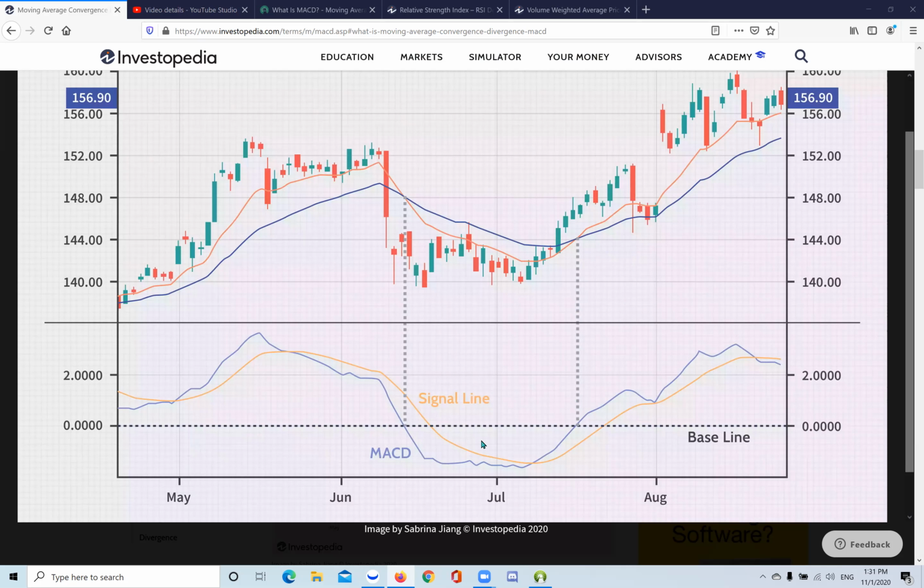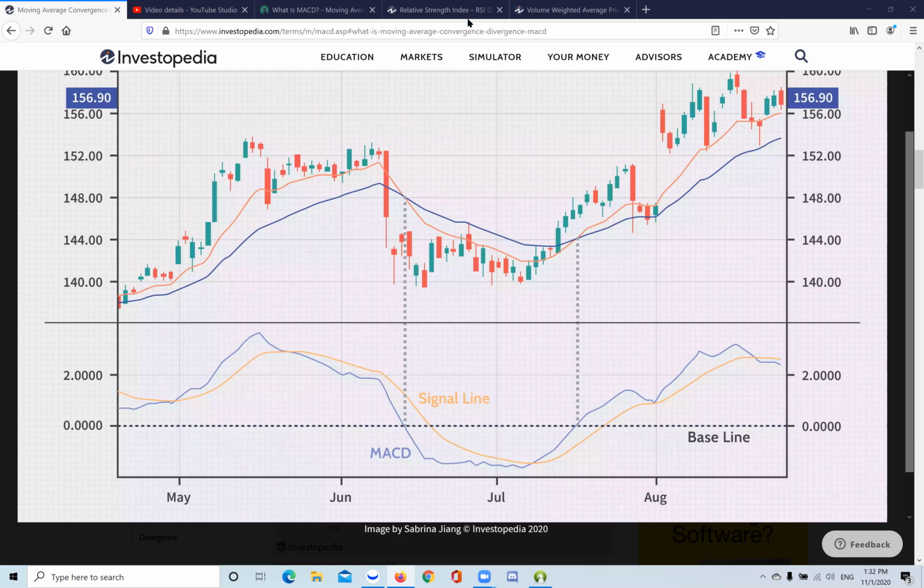Most charts on different brokers give you the MACD indicator as default. So I think this is important for you to know: when you are not sure, use this as a reference to see whether you make your decision to buy or sell.